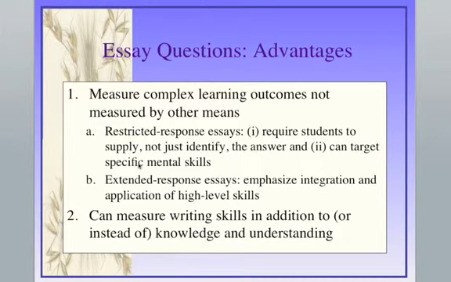Secondly, we can measure writing skills in addition to or instead of knowledge and understanding. So if you're doing an interdisciplinary course or you're trying to do cross-cutting standards, essay questions offer a lot of advantages to being able to just measure one thing at a time. Now we can get at this concept of writing simultaneously.